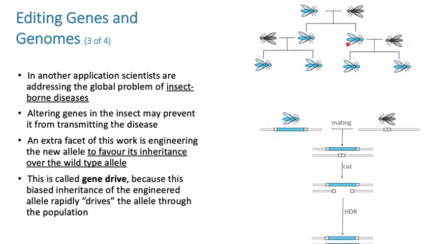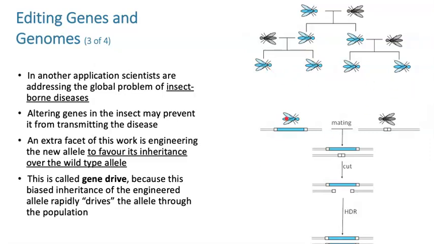That's not normally how things happen. Normally, when you have offspring, maybe half of them will have the trait that you want to pass on, and the other half won't. But the gene drive ensures that all the offspring get the gene that you want, and so the gene quickly establishes in the entire population.